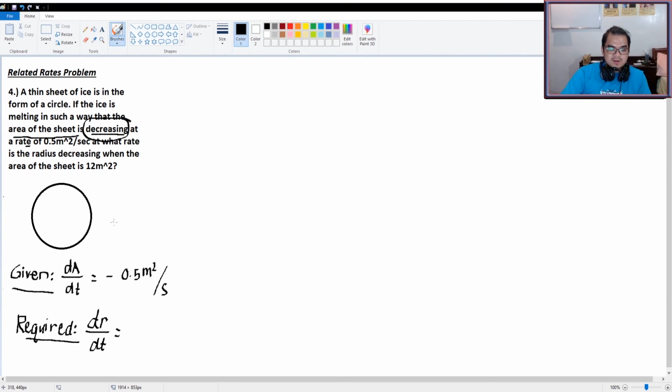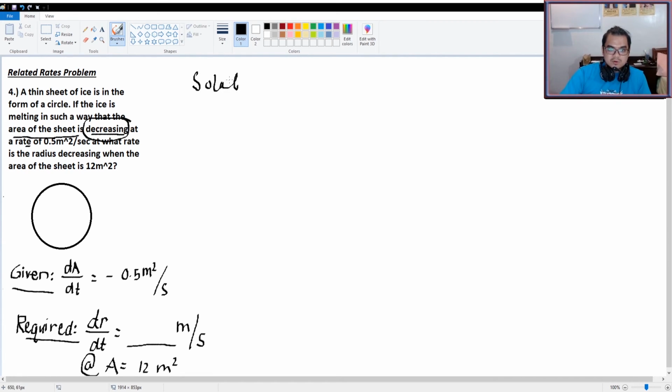Since again that is decreasing, we are expecting this must also be negative, so this must be meter per second. But we have here a condition, when the area of the sheet is 12 square meter. So area A must be equal to 12 square meter.